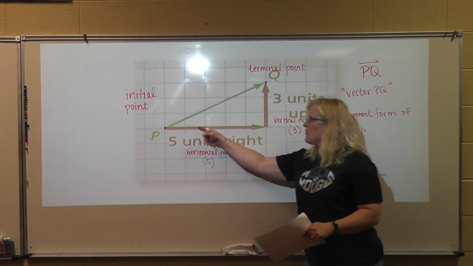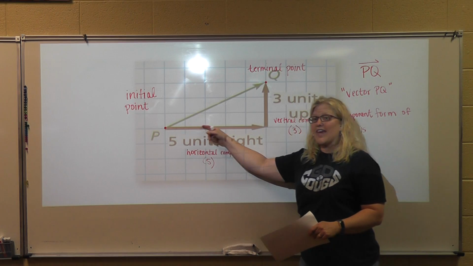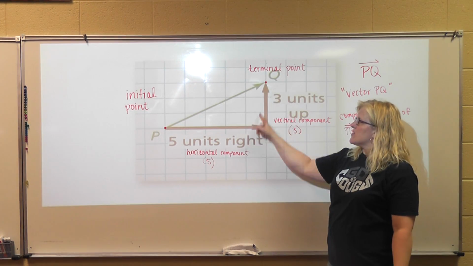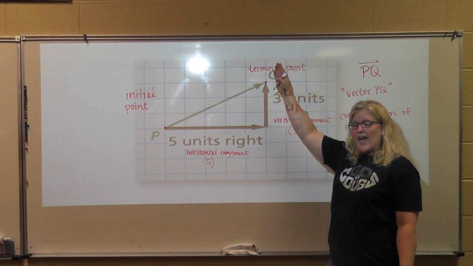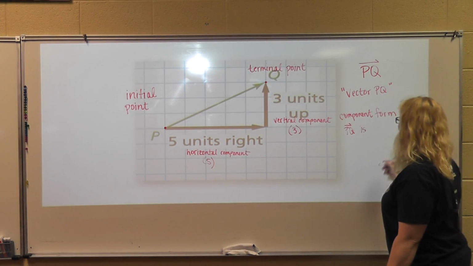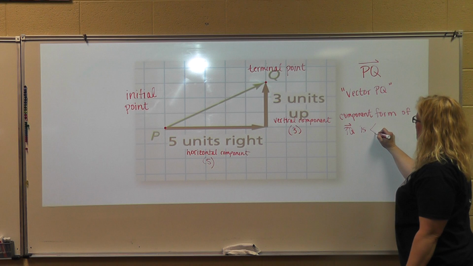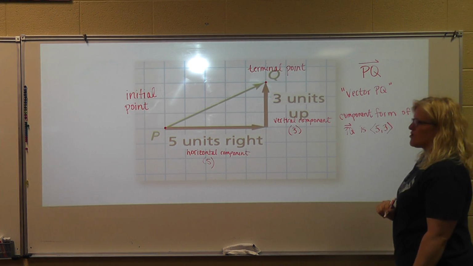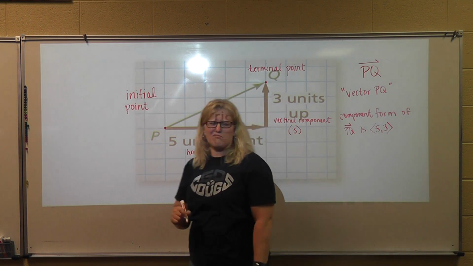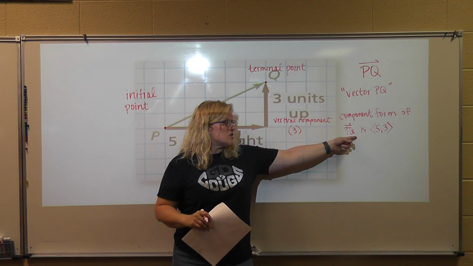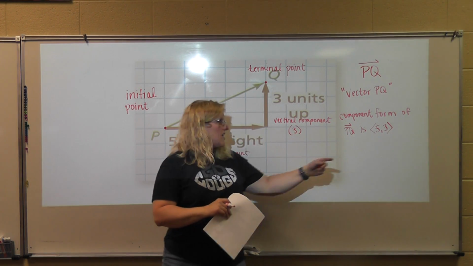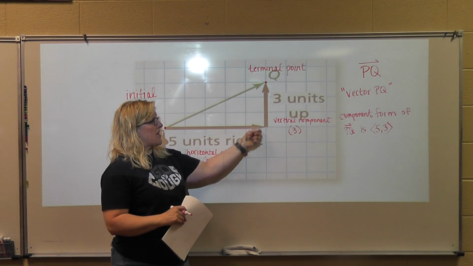Since this is moving along the x-axis, that's going to be my x coordinate. And this is moving up the y-axis, so this will be my y-coordinate. But instead of parentheses, we have these pointy brackets. Honestly, I'm not 100% sure what they're called. Maybe I ought to look that up. Anyway, so this is what the component form of vector PQ is: <5, 3>.